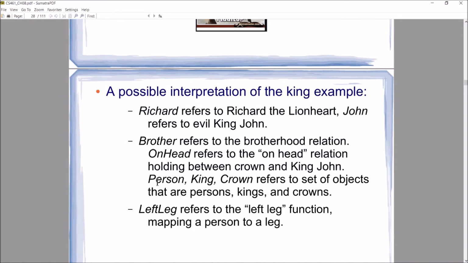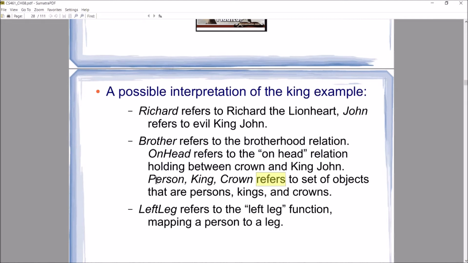head. So person, king, crown, these things are all referring to sets of objects that are people, that are kings, that are crowns. So they won't have their own specific name like the object Richard the Lionheart. Or they don't need them necessarily. Or John, right? John is the evil King John object.